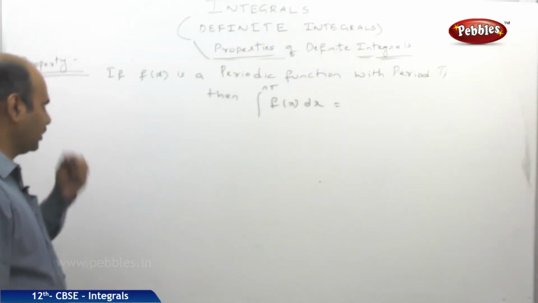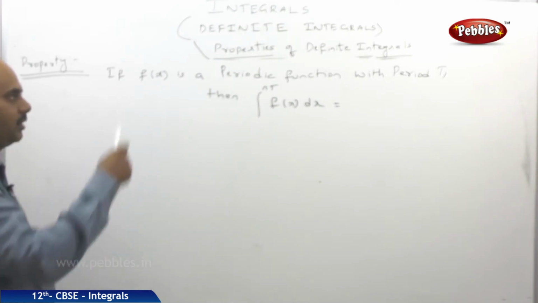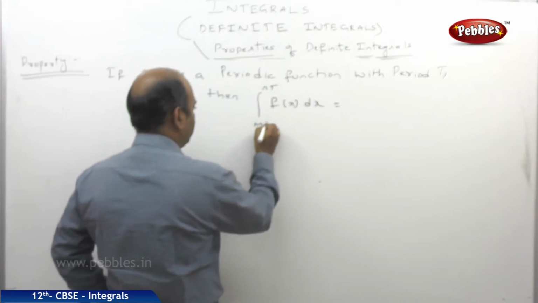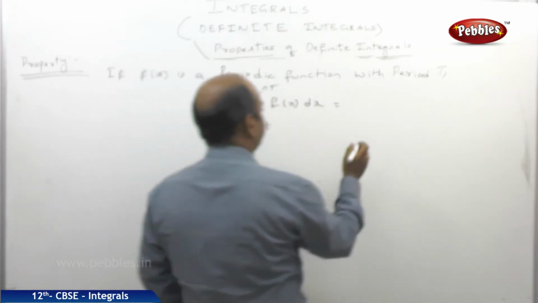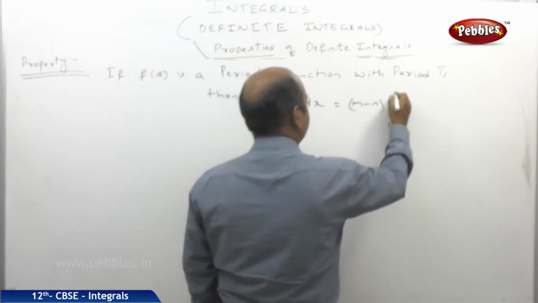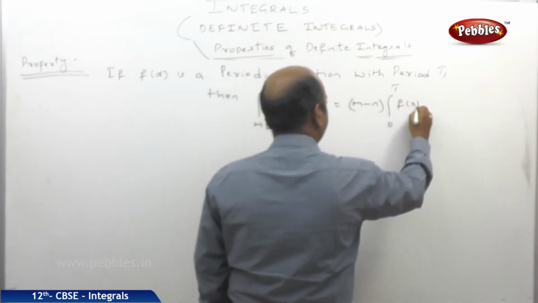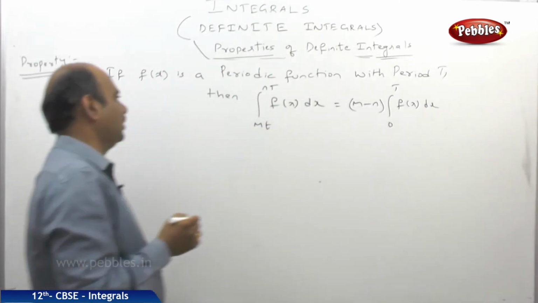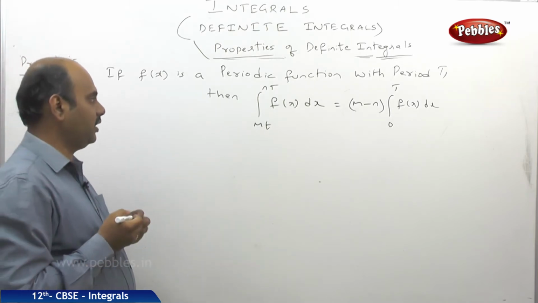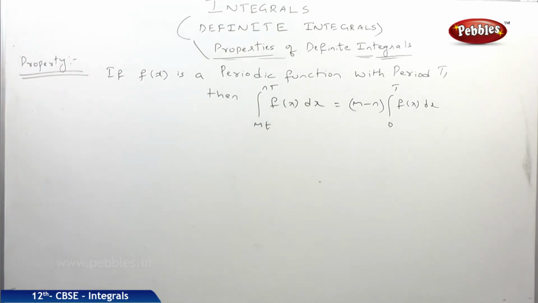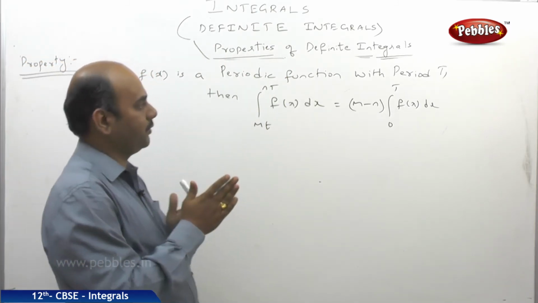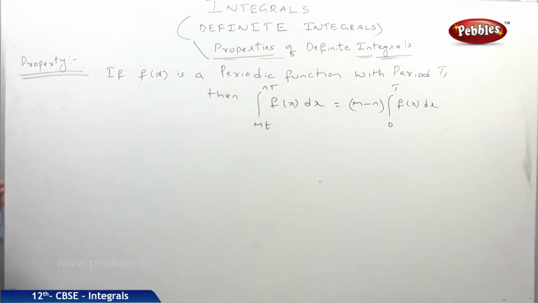Now we shall go for another property. If f of x is a periodic function with a period t, then integral of mt to nt f of x dx is equal to m minus n into integral of 0 to t f of x dx.